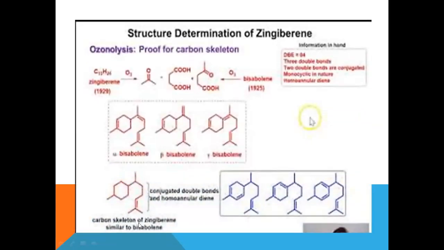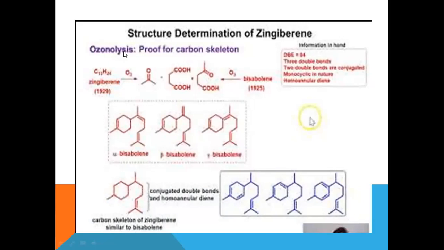Then coming to the structural determination of gingiberine. The structure of gingiberine can be derived with the help of the chemical reactions which the compound undergoes. Here we can see gingiberine undergoes ozonolysis. What is meant by ozonolysis?